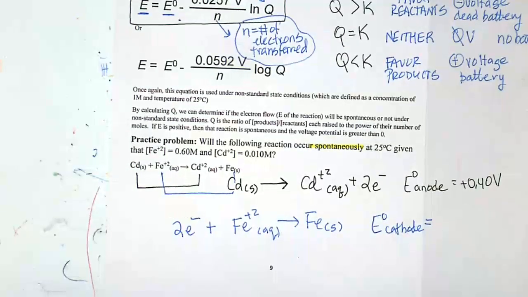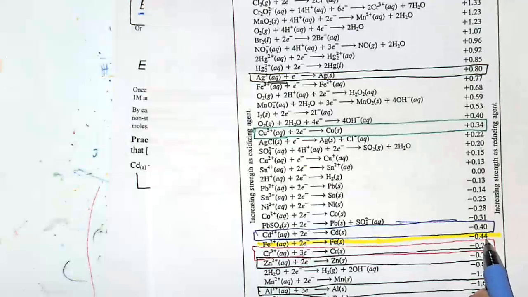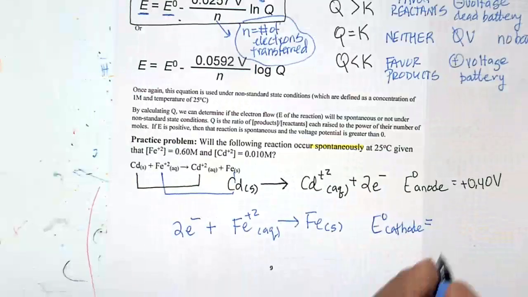This is the cathode. And what is the voltage with this? Negative 0.44 volts. Everyone see this? Negative.